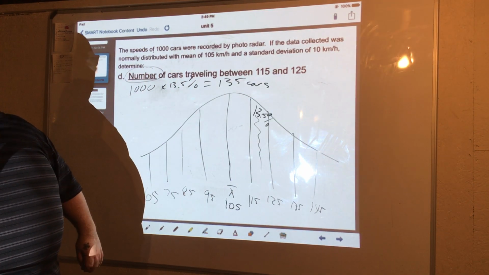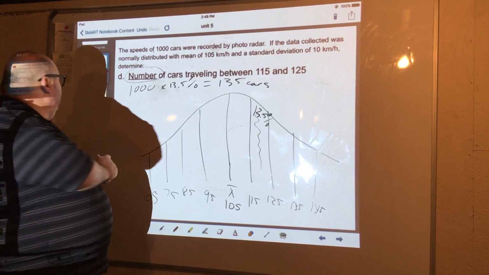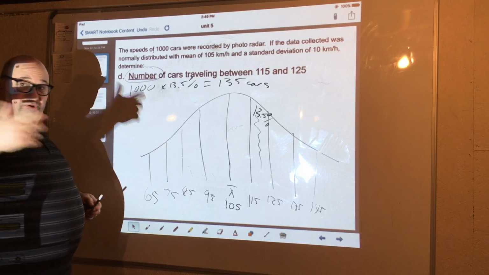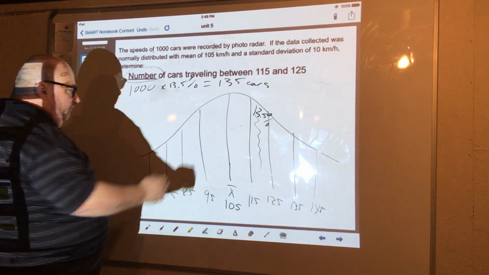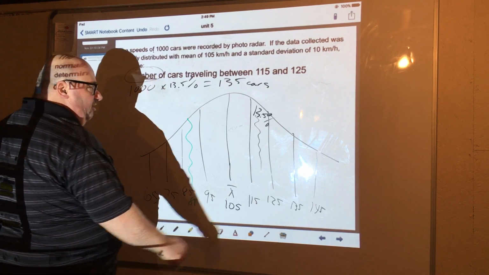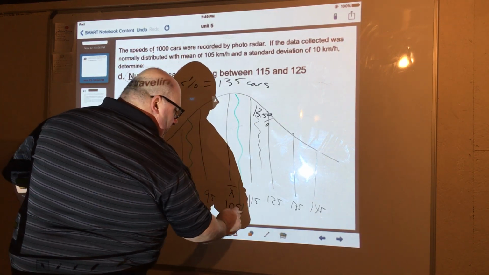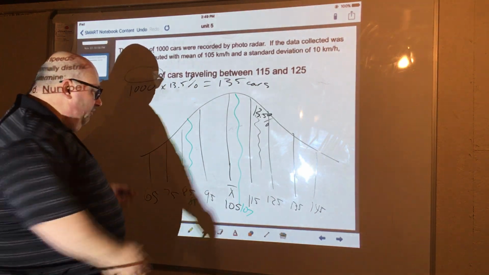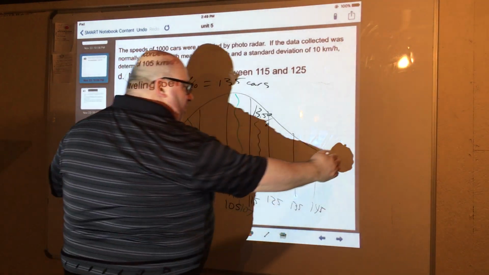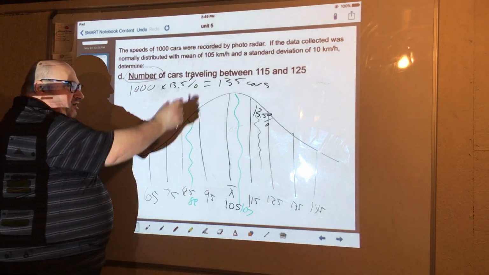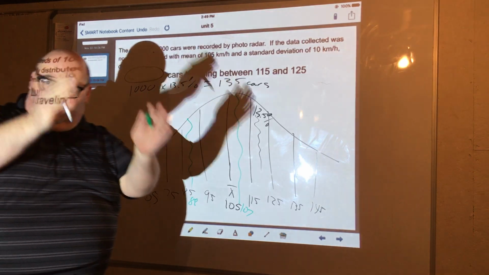Now, the problem is, what happens if we wanted to know how many cars, or even what percent of cars, there were from, let's say, 88 kilometers to 107 kilometers? I know that half of this is 50. I know the whole thing is 100, and I know what the percents are for each of these deviations, because they're all the same.